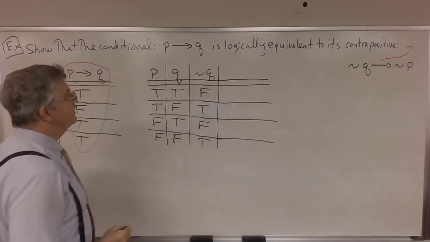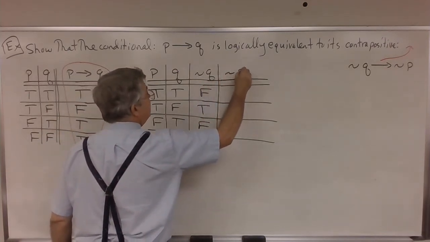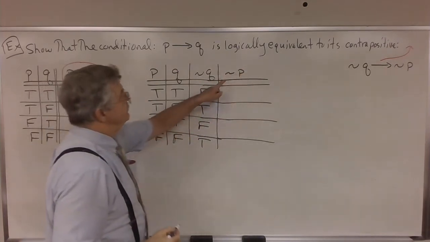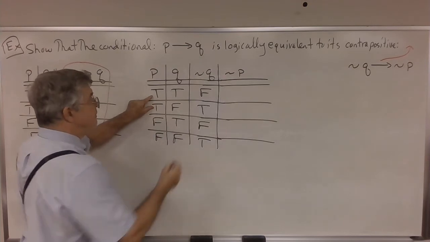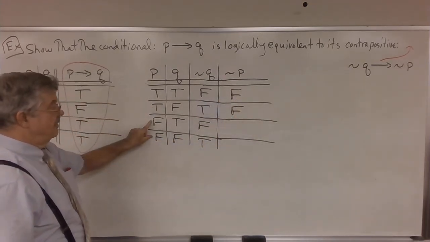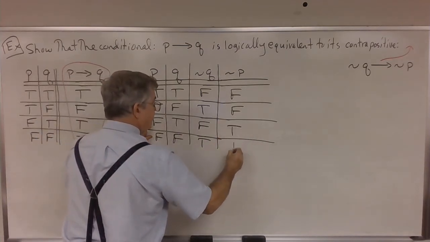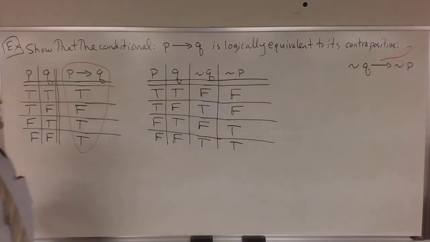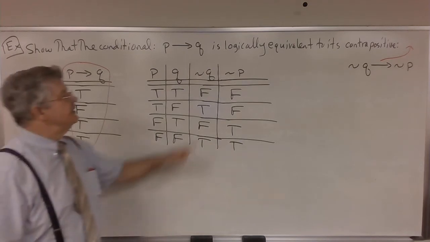Okay, not P. This changes truths to falses, and it changes falses to truths. So we just negated P.